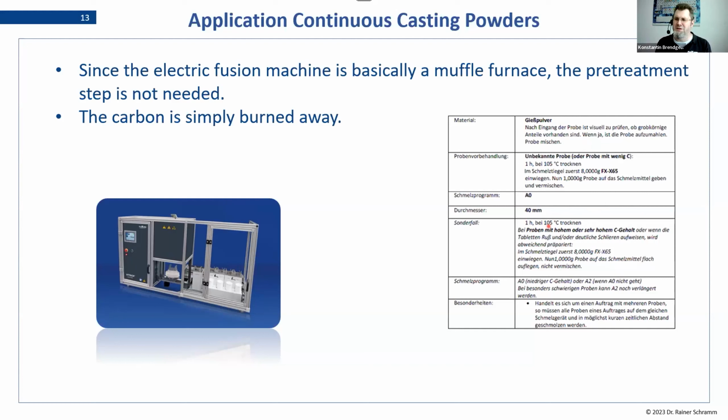So this is a more convenient way to get rid of the carbon, and you can simply run it in one machine without having to use two, like for example before in the gas machine, where we would do the muffle furnace first and then the actual fusion after. So that works fine.